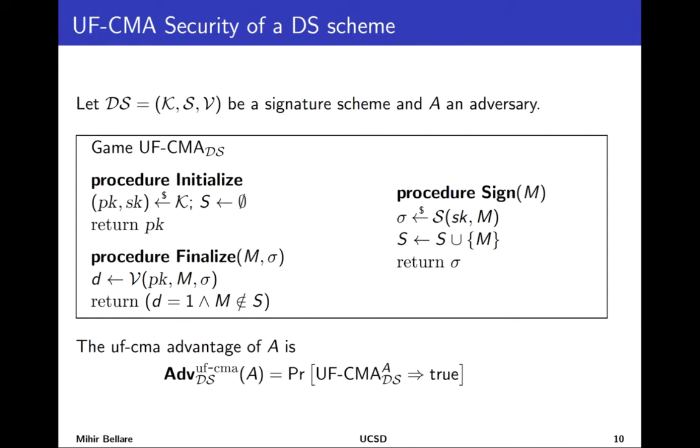The game starts with initialize, which does the same thing as you would expect for public key encryption, which is that it runs key generation, it gets a public and secret key pair, and what it returns is the public key. It does not, of course, return the secret key. There'd be no security left if it did. It also initializes a set to 0 for bookkeeping. Now the adversary will get this public key as input.